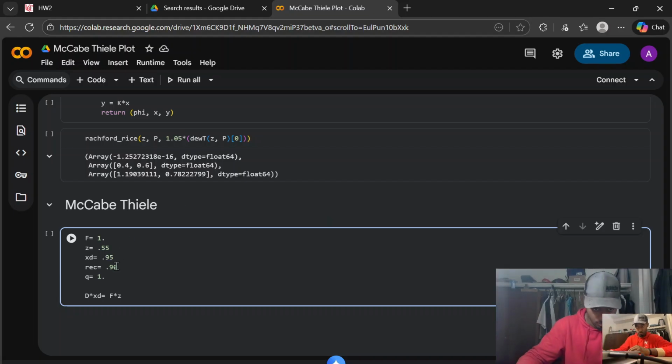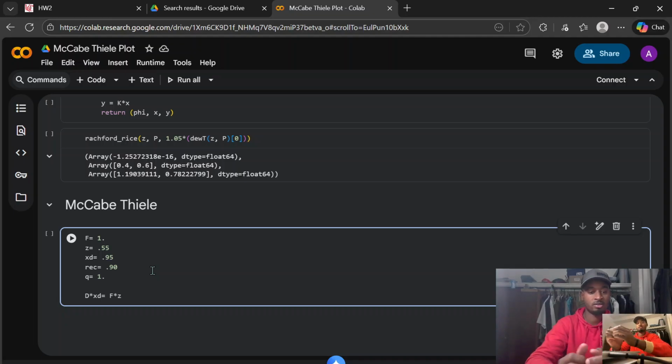And here in the problem, we're given the crucial value, which is the recovery. So this 0.9 here basically states that the amount of distillate that we want to recover from the feed is 90%.